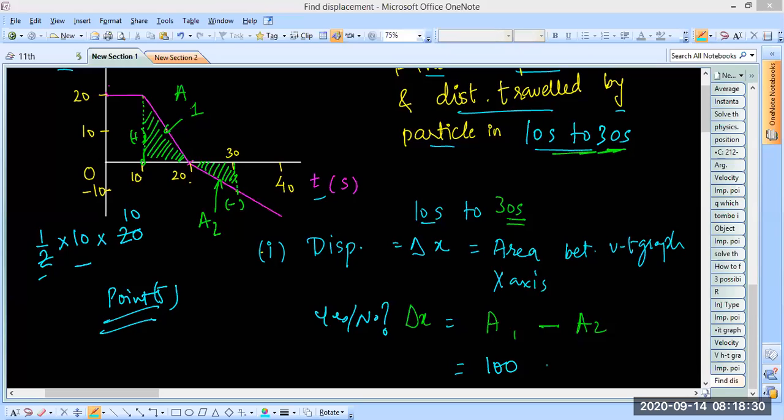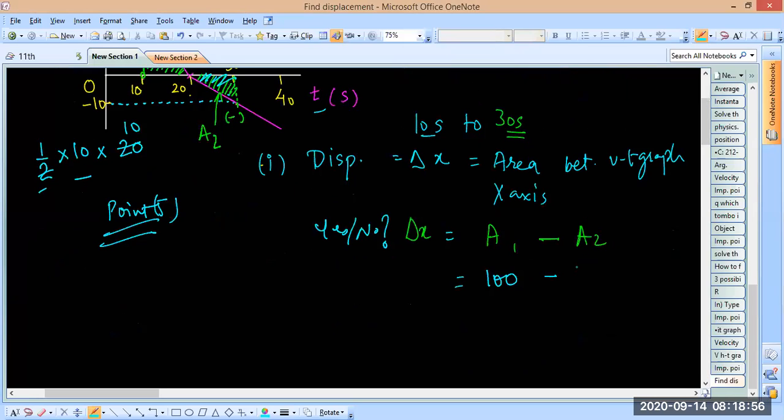Now what's the area of that second triangle? Make sure you do it right, people. This is going to be half base, that is 10 into 10.